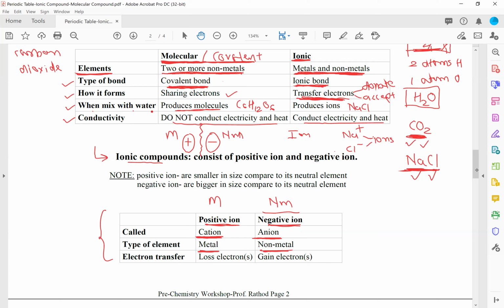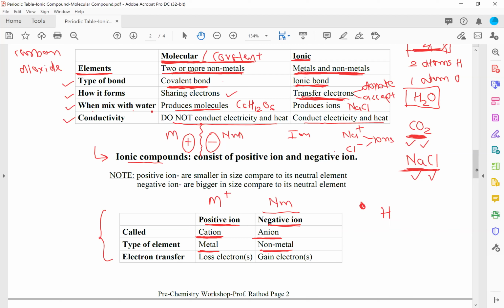And how can we get the positive charge? This is not so tricky, but it could be a little tricky for somebody to understand. Let me just take a simple example.